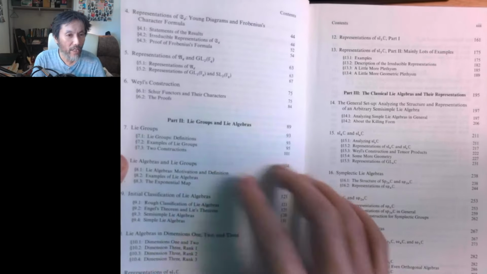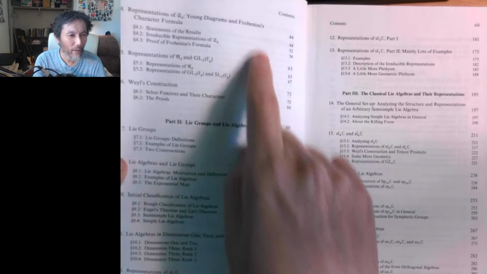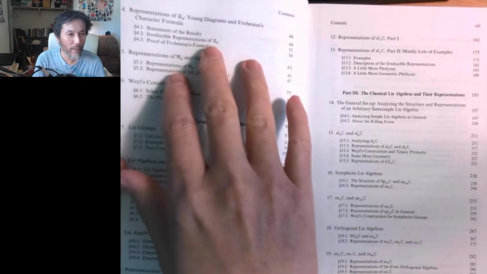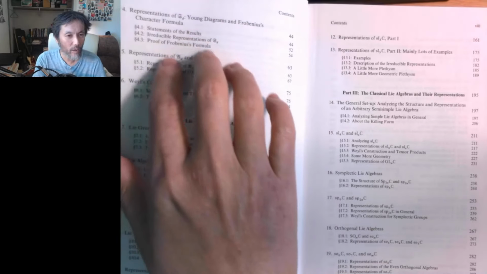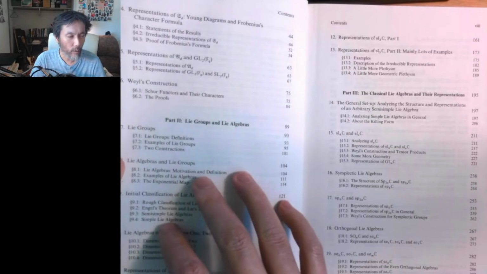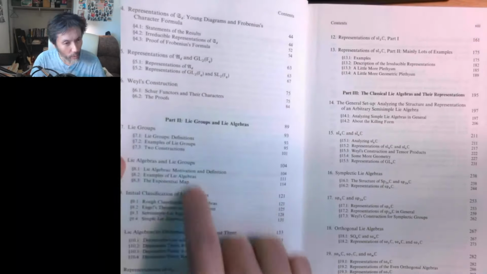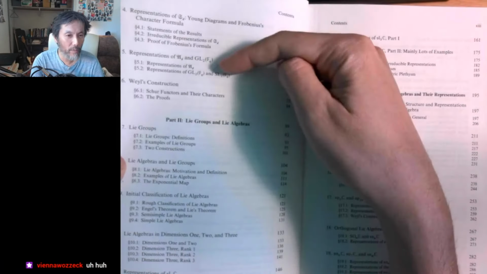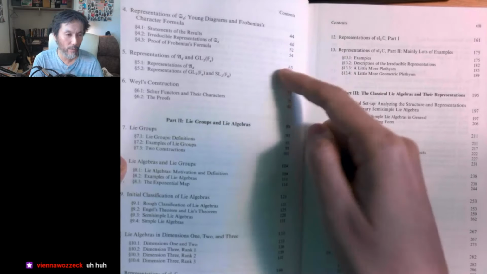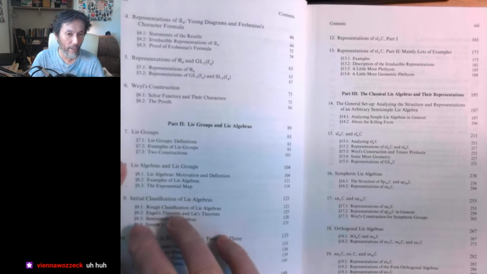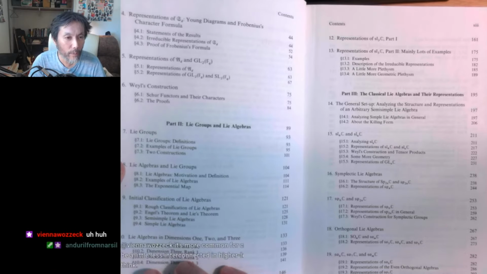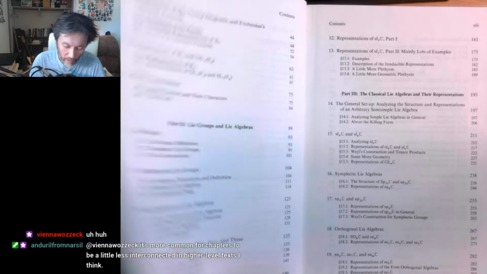So if you get tired of reading this stuff, and you get a sense that this is not what you want at the moment, and you really want to get into the Lie group things, you just go right in there. And if they make reference back to stuff in a previous chapter and you really want to know about it, then you read it.